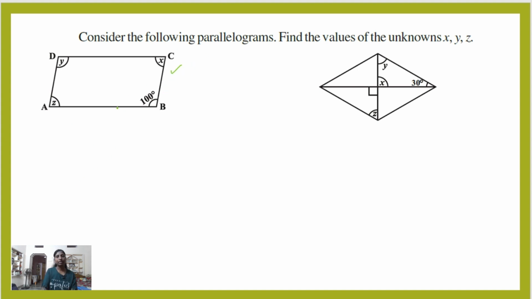So first let us solve the first figure. It is given that it is a parallelogram. We know that in a parallelogram opposite angles are equal. So here we can write that y is equal to 100.